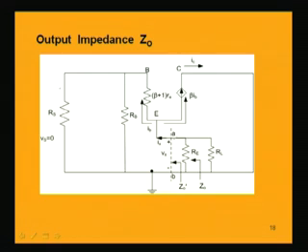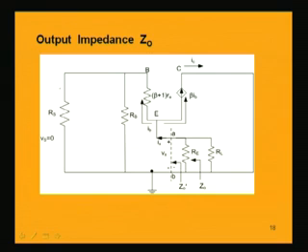Now, at the output, between say A B terminals, let us assume these are the output terminals, we find the output impedance for this transistor amplifier circuit.